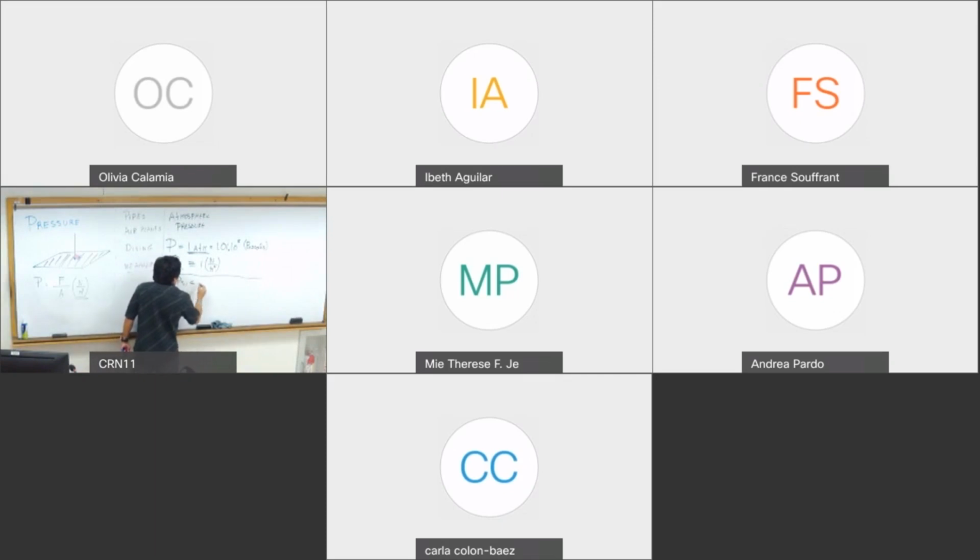This is approximately, or exactly, sorry, 6,890 pascals. It's a lot. That's the imperial unit of pressure, PSI. In machinery, you will find it a lot. All right?